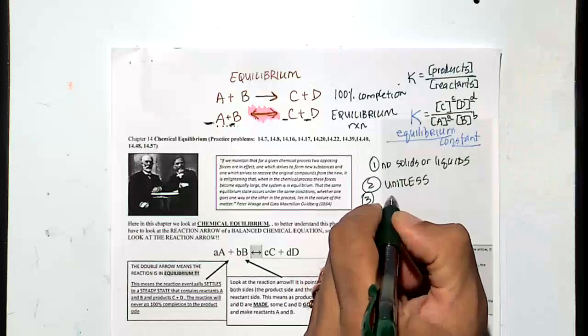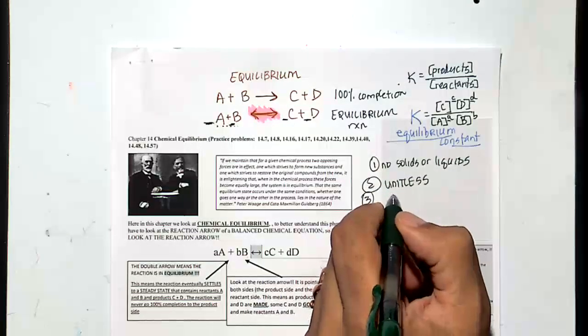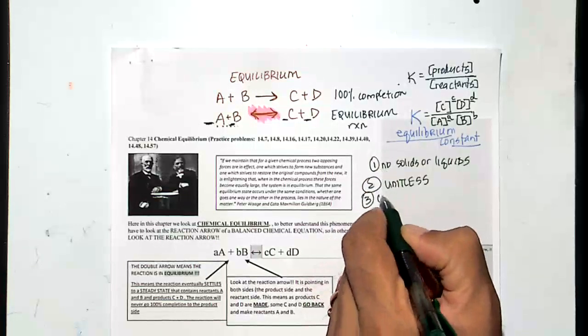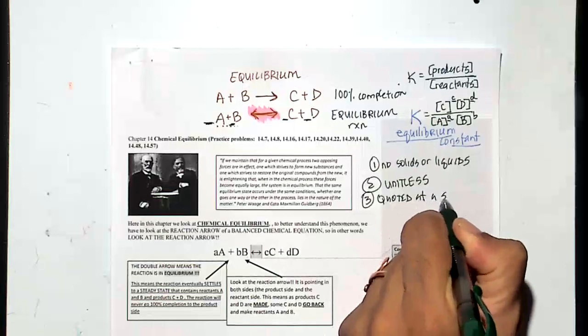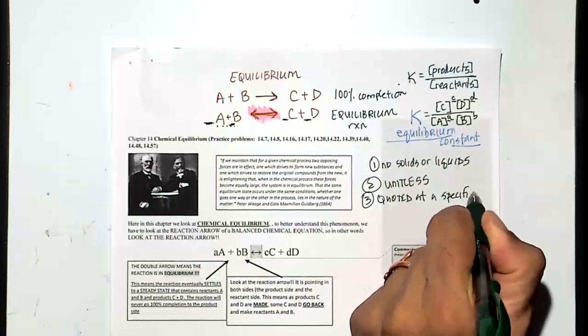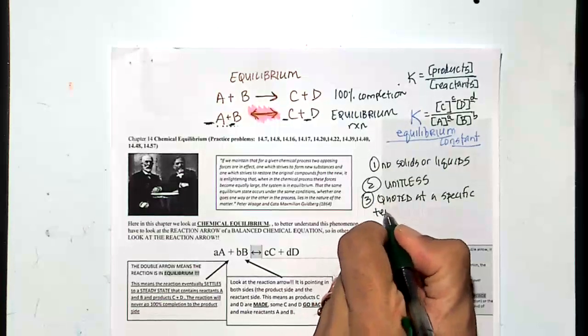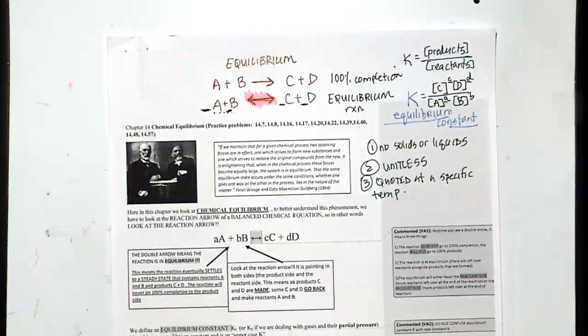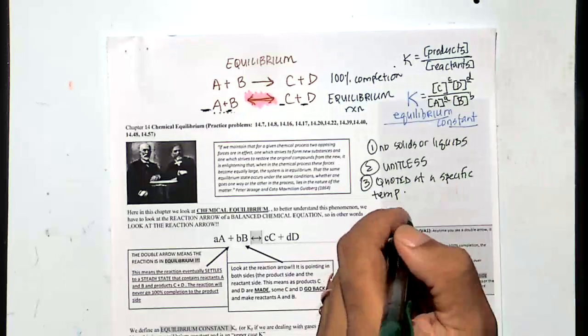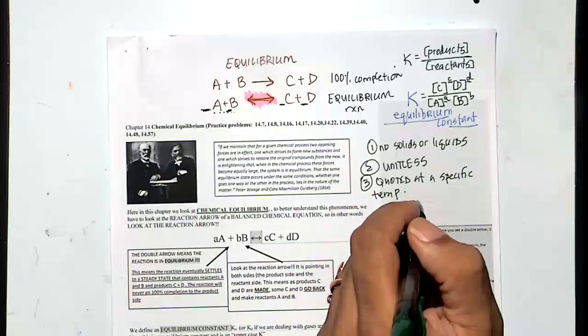Rule number 3, just like vapor pressure and just like rate constant K, this is quoted at a specific temperature. There are 2 other things that were quoted at a specific temperature, if you remember, from chapter 11.